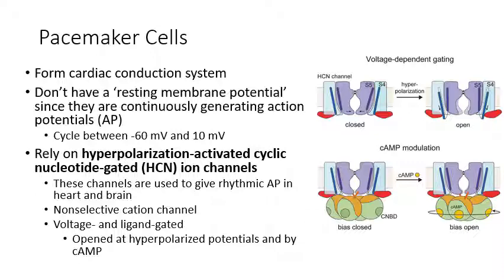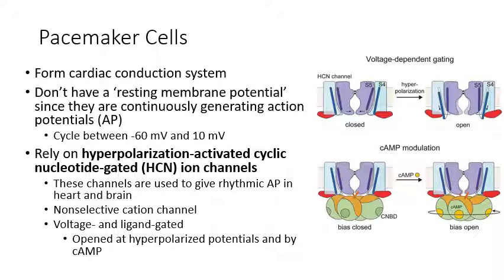There's a special type of channel that these pacemaker cells use in order to generate these rhythmic action potentials spontaneously, which is called the hyperpolarization activated cyclic nucleotide gated ion channel, which is luckily abbreviated to HCN. That name is just telling you what is going to open the channel. Most ion channels are gated by one thing, maybe voltage, maybe some type of chemical that has to bind as a ligand.